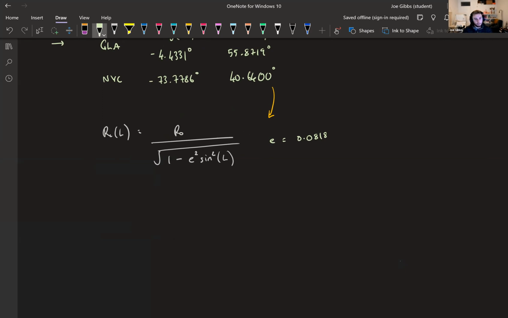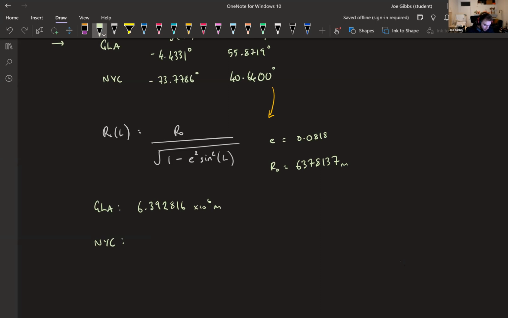That's the radius of the Earth at each of those latitudes. The radius of Earth is on the data sheet, so you don't need to remember it: 6378137 meters. Subbing that in for Glasgow, I'm going to get 6.392816 times 10 to the 6 meters.